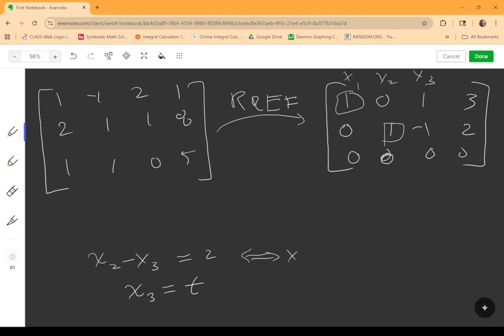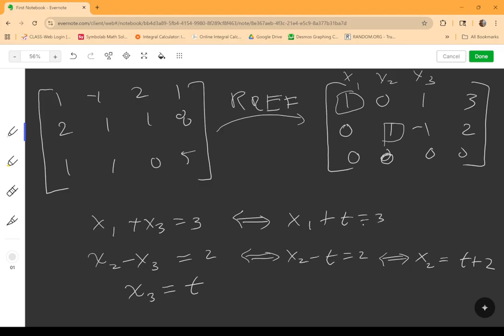So x2 minus t is 2, or x2 is equal to t plus 2. And then the top one, we have x1 plus x3 equals 3, but x3 is my parameter t. So x1 is negative t plus 3.